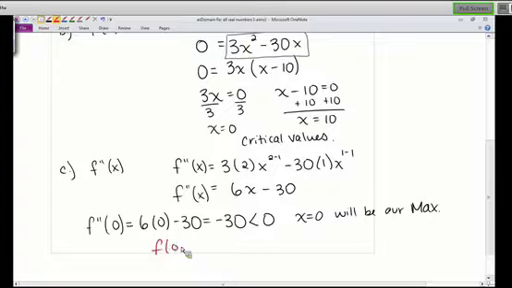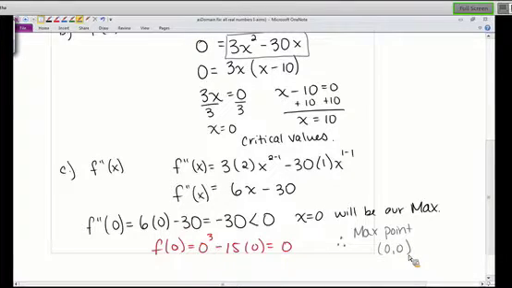So when we substitute 0 back into our original, this is going to be 0 to the third power minus 15 times 0. So when we evaluate this, our y value is going to be 0. Therefore, in answer to part C, our maximum point occurs at 0, 0.